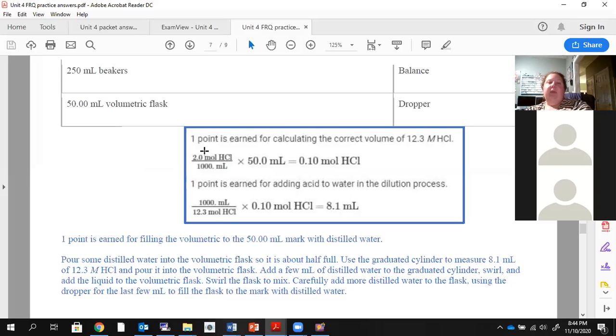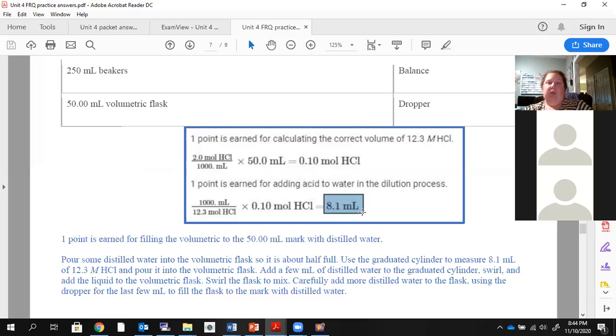If I need to make a 2 molar solution, which is what they're saying here, and I need 50 milliliters of that, that means that I need 0.1 moles of HCl. If that's coming from the 12.3 molar solution, and I only need 0.1 moles of it, that means I only need 8.1 milliliters of that concentrated solution.